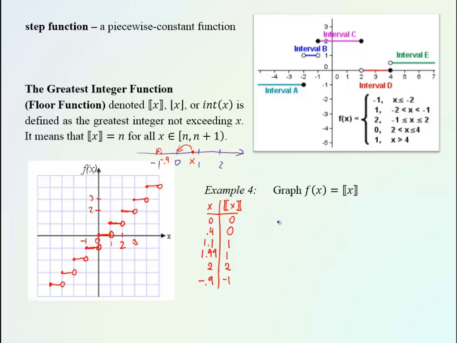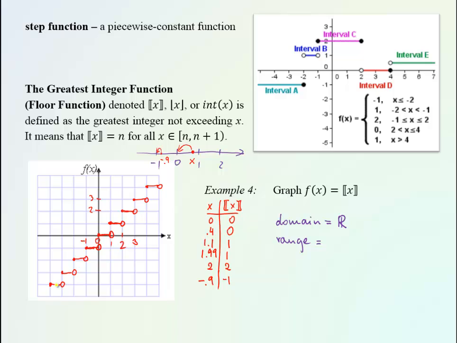Okay, so what if I will ask you about domain of this function? Well, any x can be taken with no problem, and we can find out the greatest integer of it. So the domain is all real numbers. A little bit more interesting is the range of it.